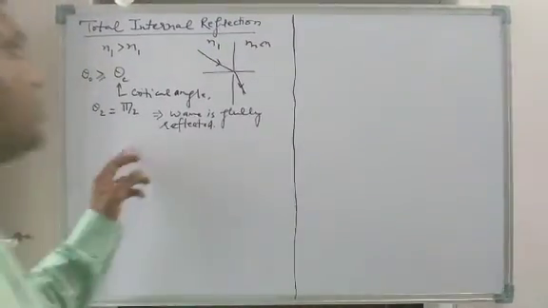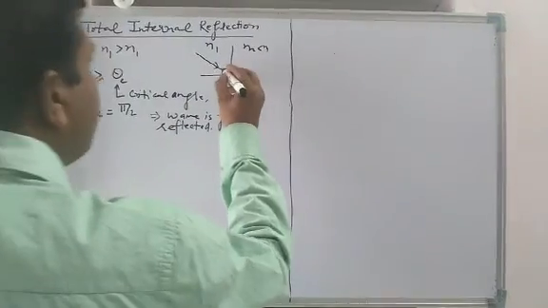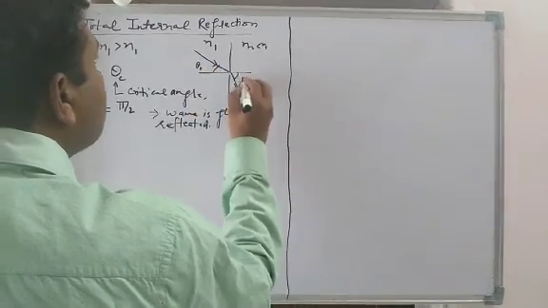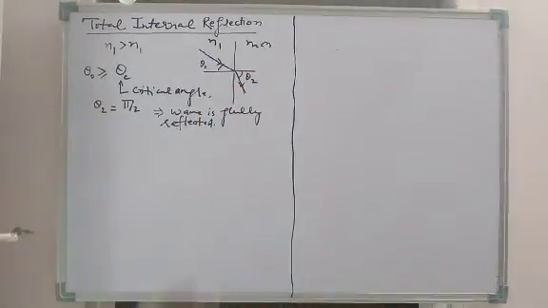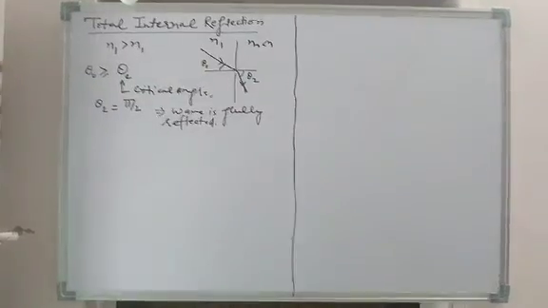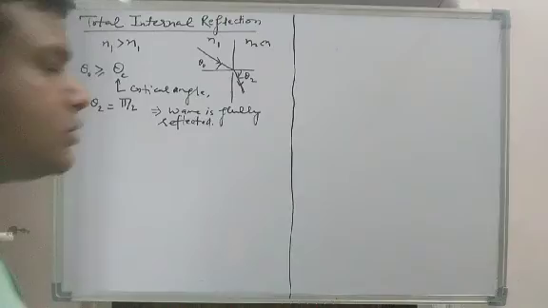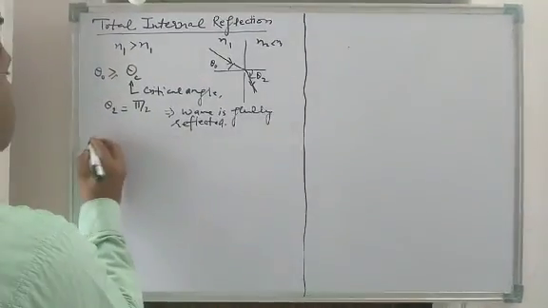Alright? So that's exactly what we will be discussing. So this is what we had actually. Remember, this was my theta 0 and that was my theta 2 when we were discussing. So essentially this angle theta 2 becomes 90 degrees. Now if that is so, let's recall Snell's law.